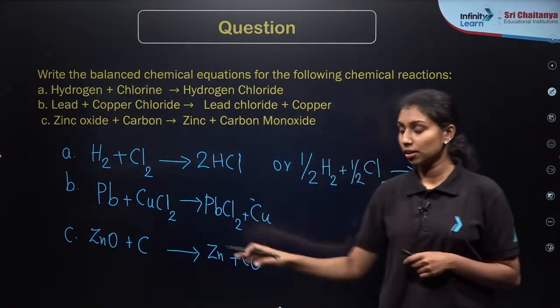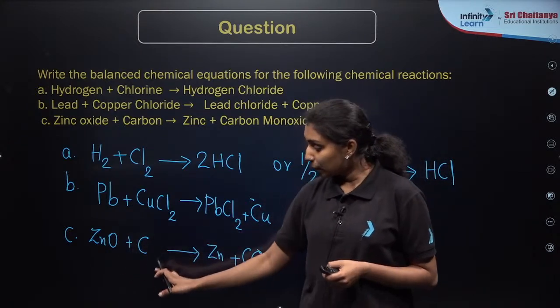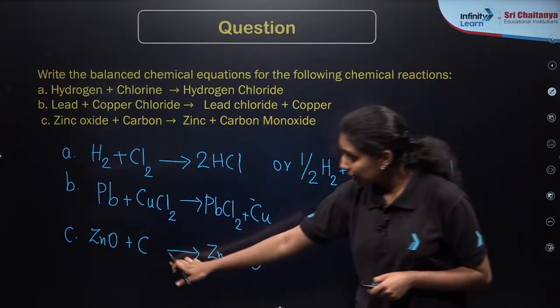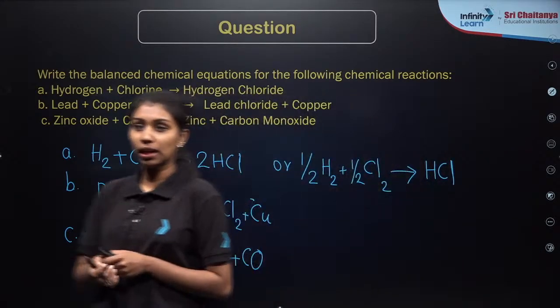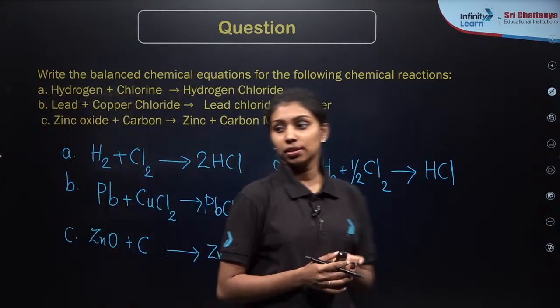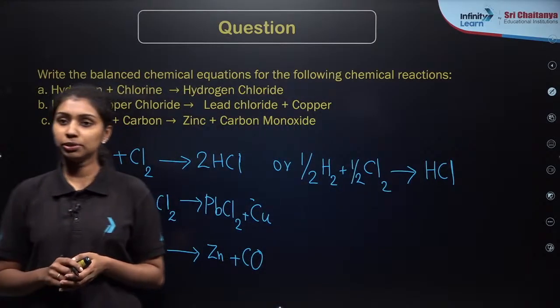First we will be treating zinc oxide. Zinc oxide has the chemical formula ZnO. That will be treated with carbon to form zinc and carbon monoxide. CO will be the chemical formula, and it is already balanced over here. There is no need of any multiplication of the numbers. The equation is already balanced. Clear? Any doubt?